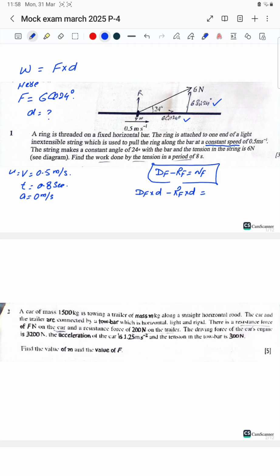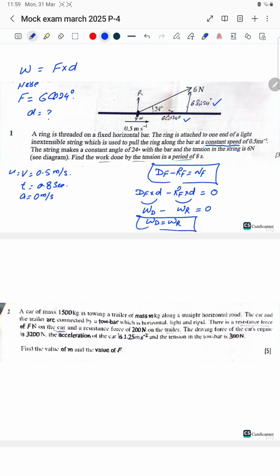So work done by driven force minus work done by resistive force is equal to 0. So work done by driven force equals work done by resistive force.